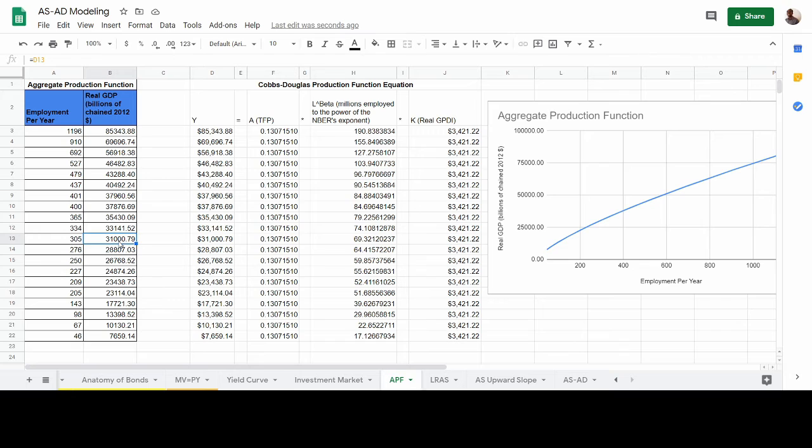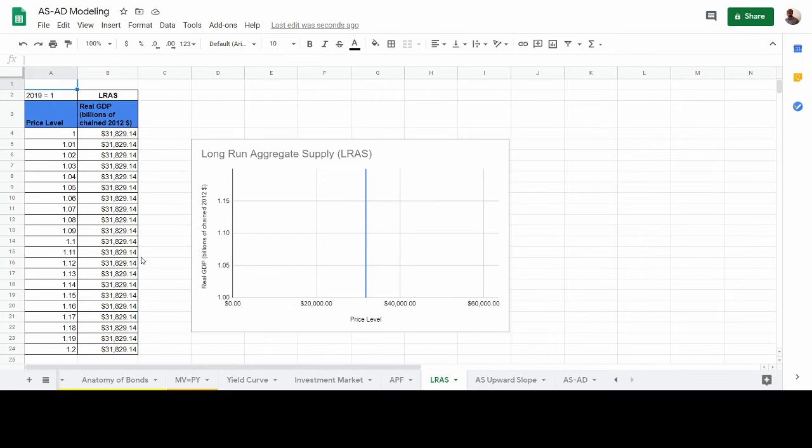Yes, so our APF has gone up. Our aggregate production function value for that level of labor has increased. At 305 million people, our economy is sustaining an output of around $31 trillion, right? And that $31 trillion should carry over to the long-run aggregate supply curve. Boom. Yes, so it's about $31.8 trillion sustained at 305 million people.